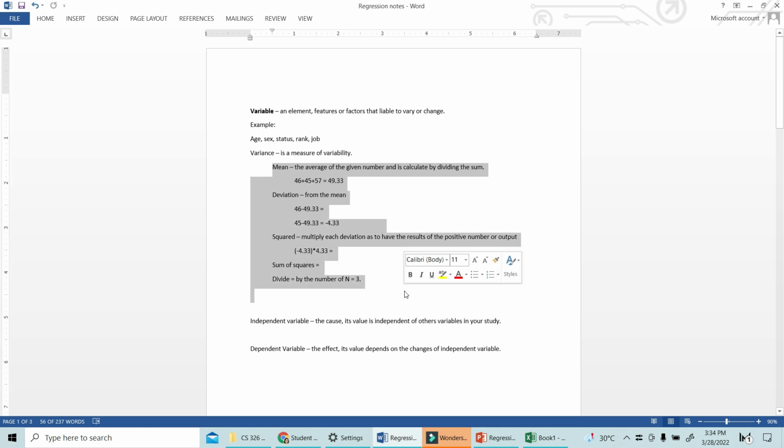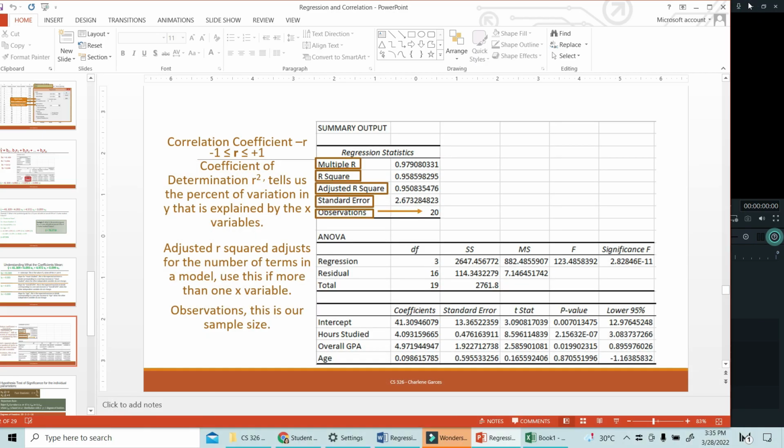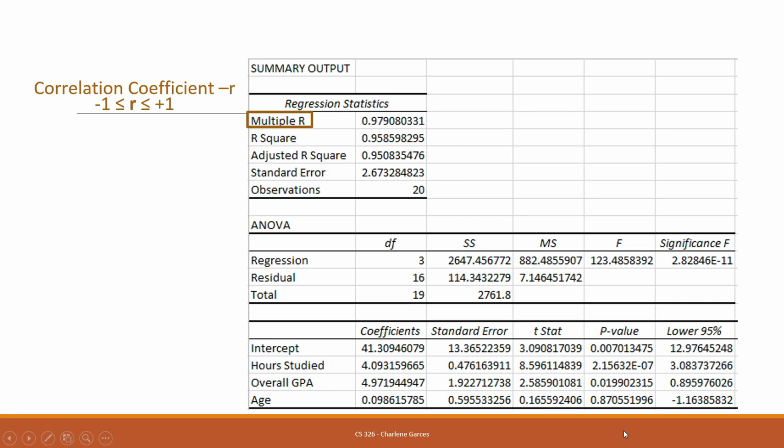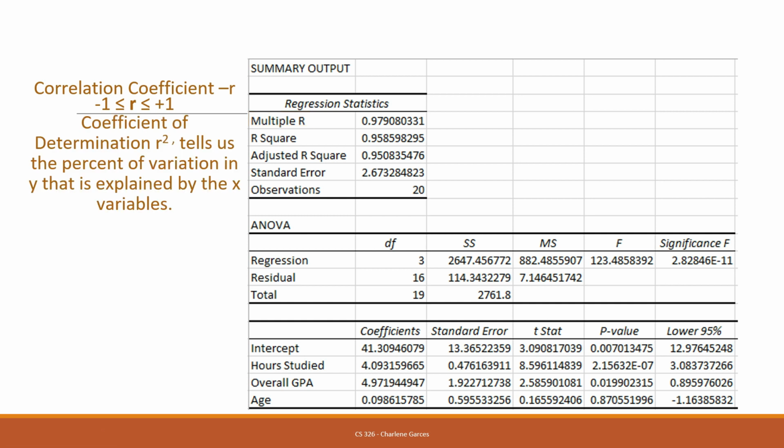So example if imong i-manual, but actually automatically it will give you this result when it comes to regression using Microsoft Excel. So correlation coefficient, so 1 here. So these are the explanations of the variation under the variable.